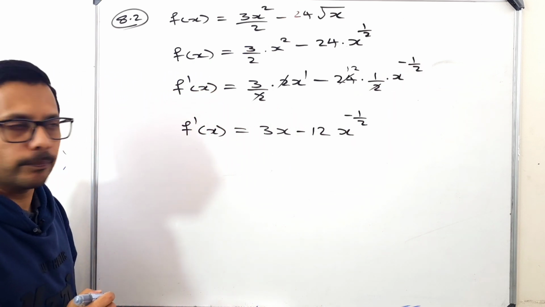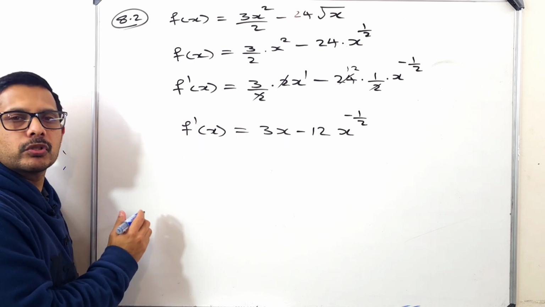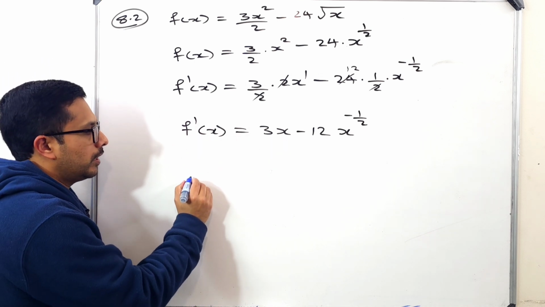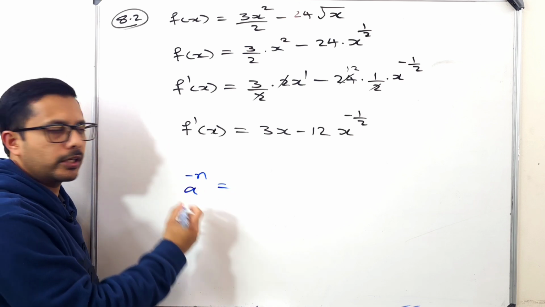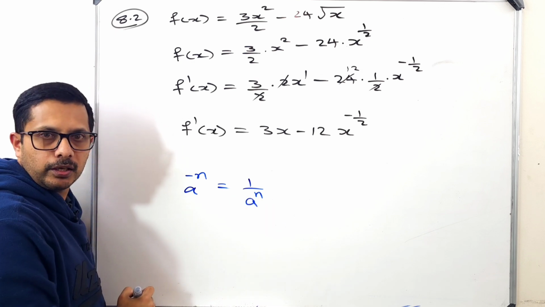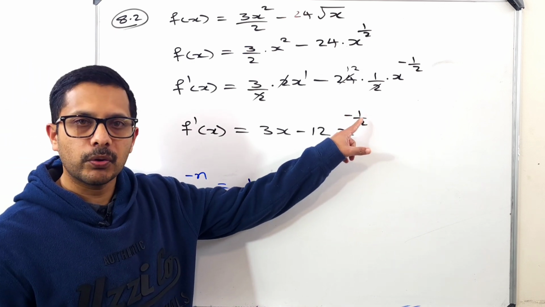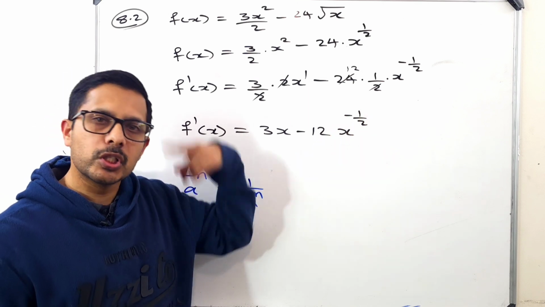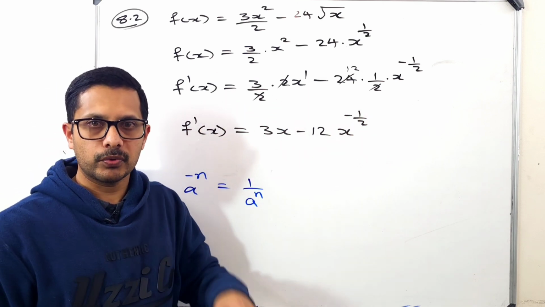Am I right? Okay. So actually, in small classes you studied the exponential rule, a raised to minus n. How can you write this as a positive exponent? 1 divided by a raised to positive n. Am I right? Similarly, x raised to minus half. How can I write this minus half as a positive exponent? 1 divided by x raised to positive half. Okay.